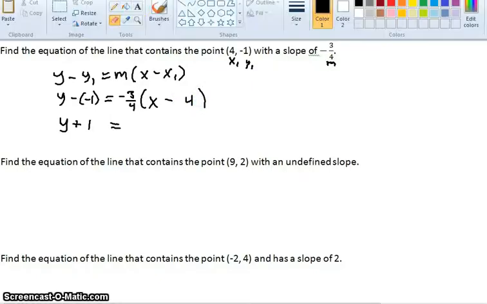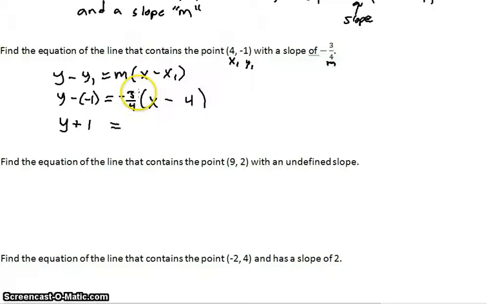And now I have this -3/4, and I want to get rid of that parentheses by distributing. So I'm going to take -3/4 times x. I get -3/4 x. Then I take -3/4 times -4, and I get a +3.